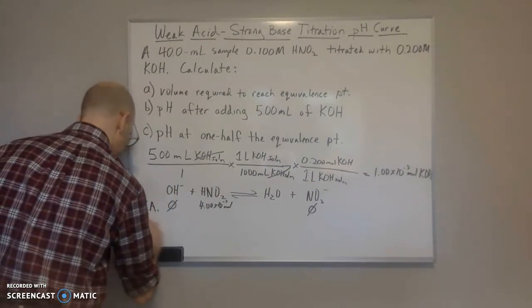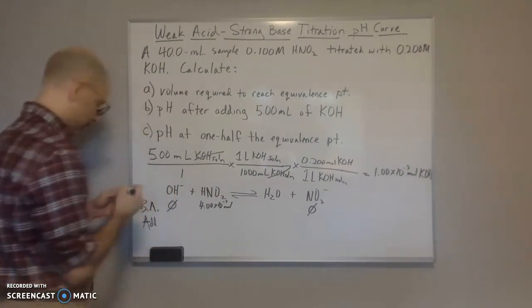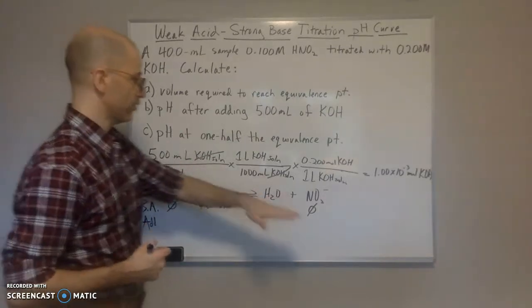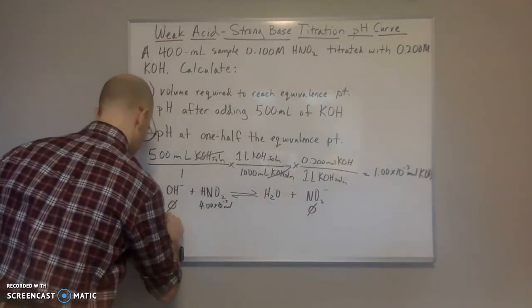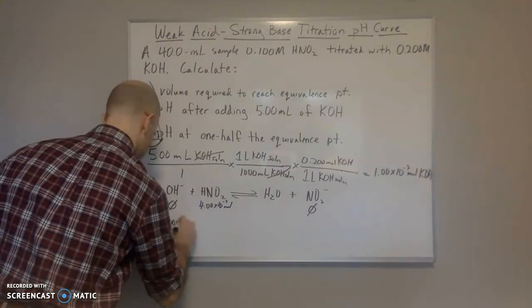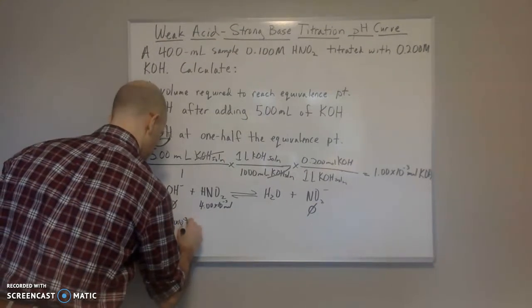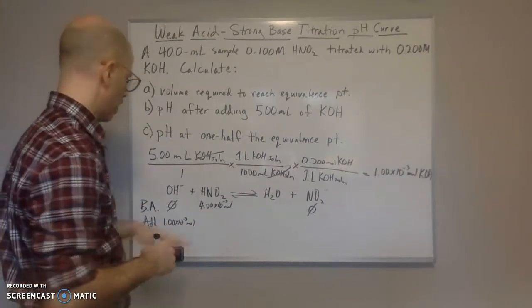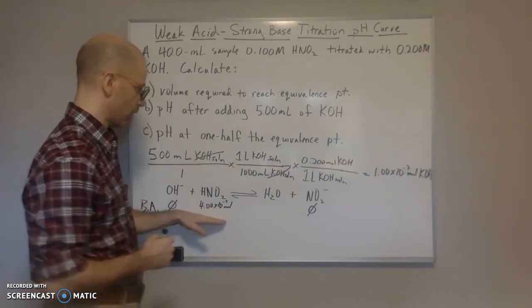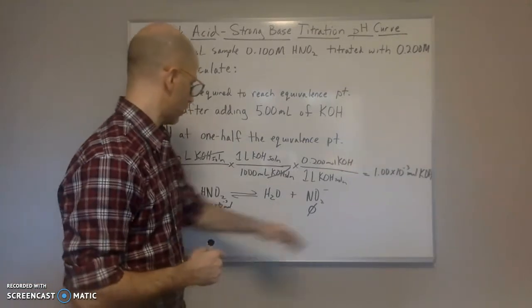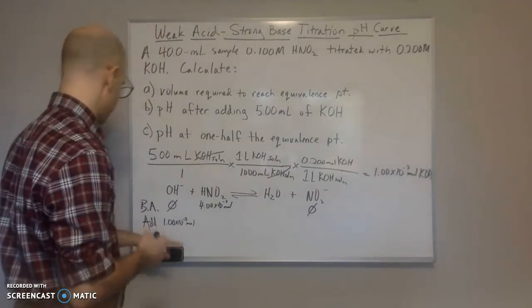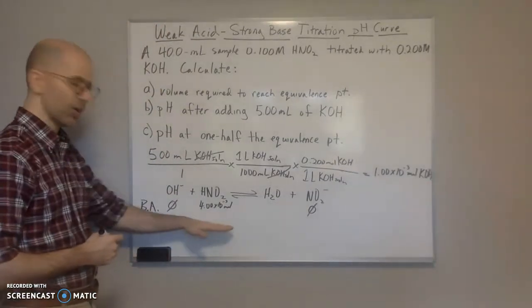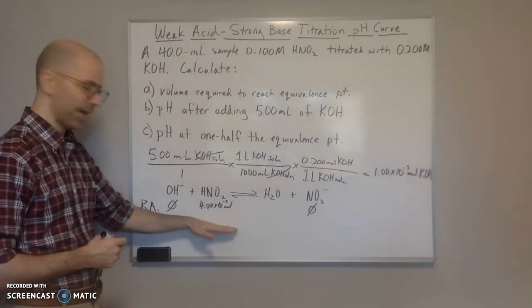And then when we add the base, we're going to add this amount of OH minus, so we add 1.00 times 10 to the negative 3 moles of the OH minus. We're not really adding any more of the others. So then this OH minus is going to react completely with the HNO2.